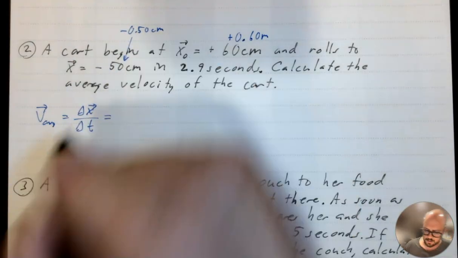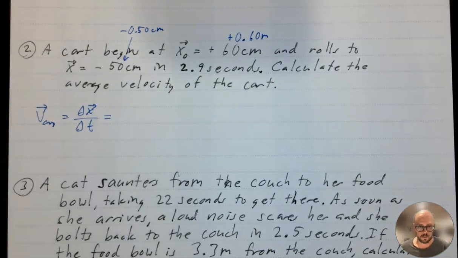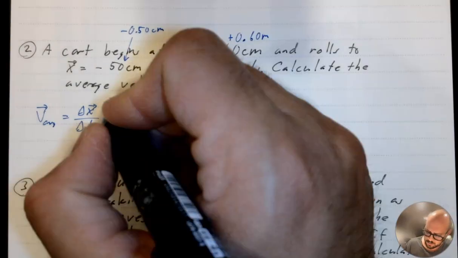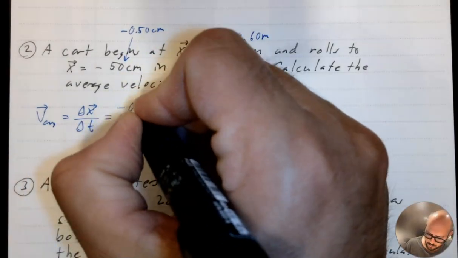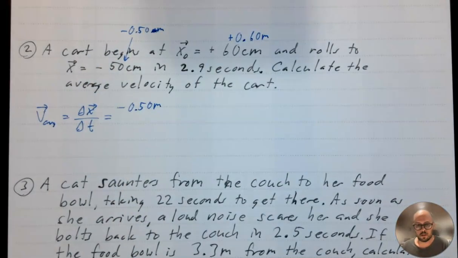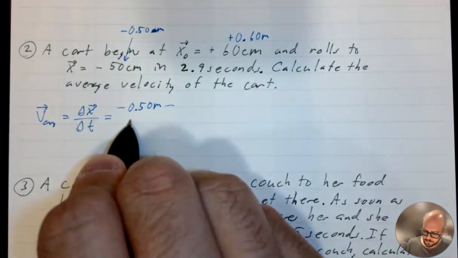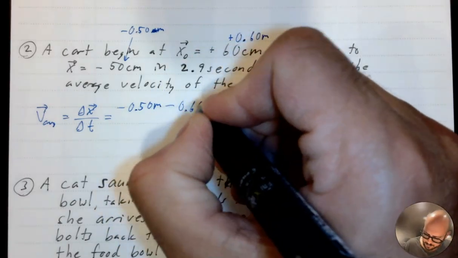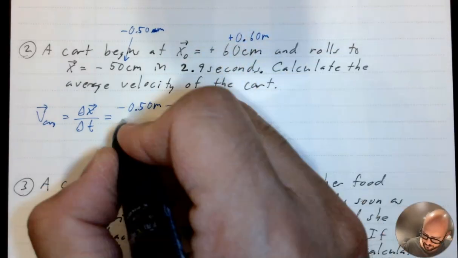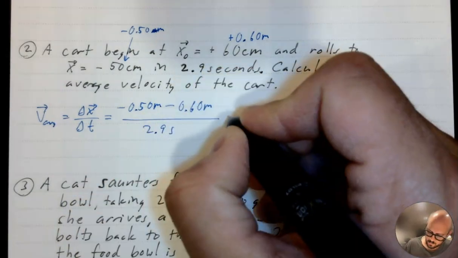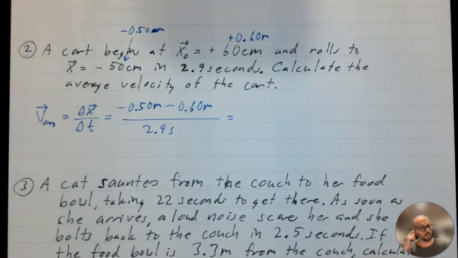Okay, this is set up to solve for average velocity, so I'm just going to go ahead and plug things in. Displacement is final minus initial position, so I'm going to start with negative 0.50 meters, minus the initial position, which is a positive 0.60 meters, all divided by 2.9 seconds. You can calculate things one piece at a time if you want to, or you can do it all at once.